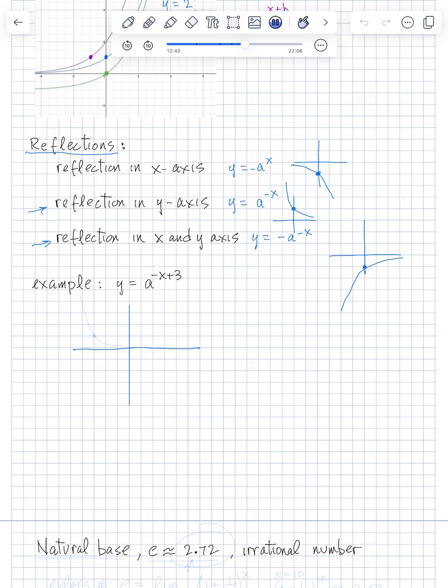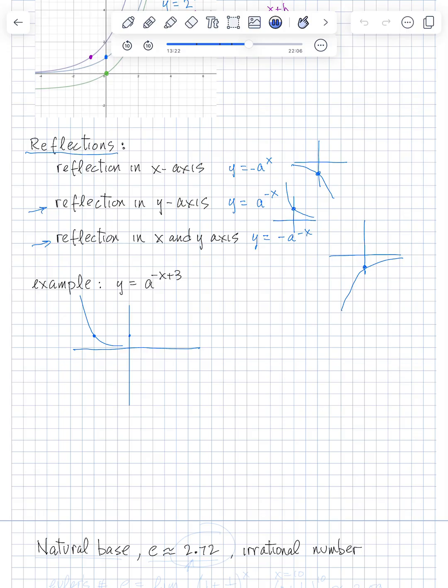The reflection in the y-axis puts the intercept, which would have been right here at 0, 1, but it's shifting it left 3 units. 1, 2, 3. So our new intercept is right here. The reflection in the y-axis is going to look like this. Okay, and that's the shape it takes.